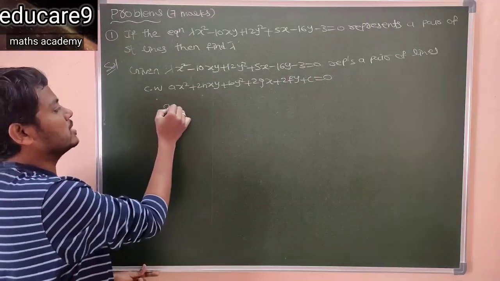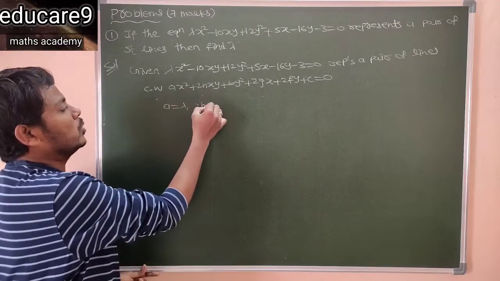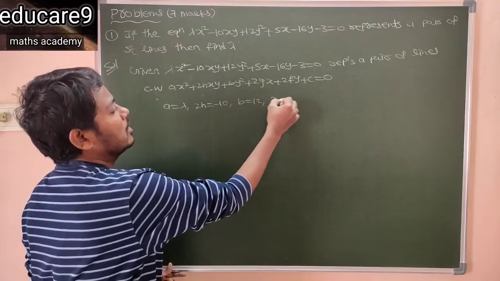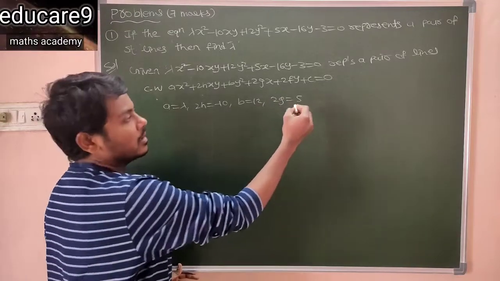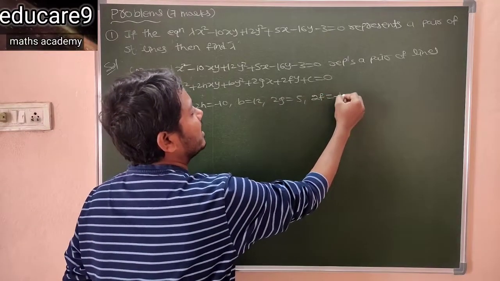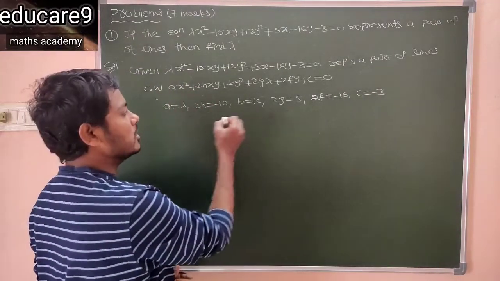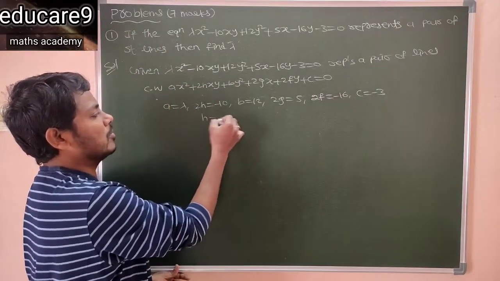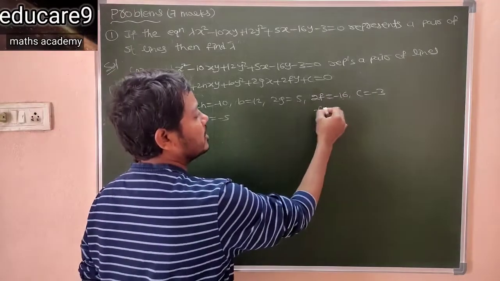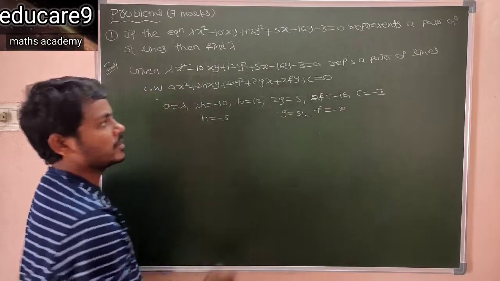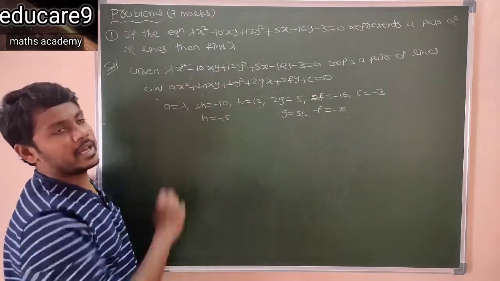So clearly a is equal to lambda and 2h is equal to minus 10, b is equal to 12, 2g is equal to 5, 2f is equal to minus 16, c is equal to minus 3. So here h is equal to minus 5, f is equal to minus 8, g is equal to 5 by 2. So clearly it represents a pair of lines.